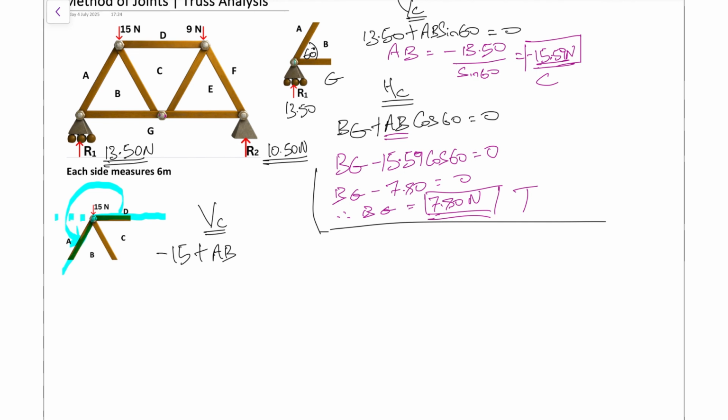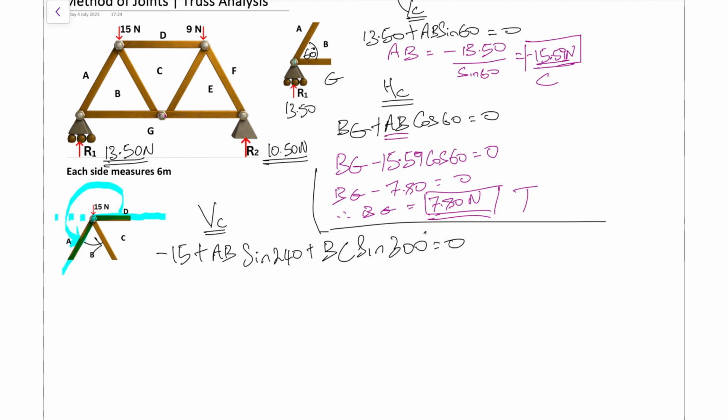So I'll write AB sin 240. Then we go across to BC, so plus BC, and the angle is another 60 degrees, so plus BC sin 300 equals 0.